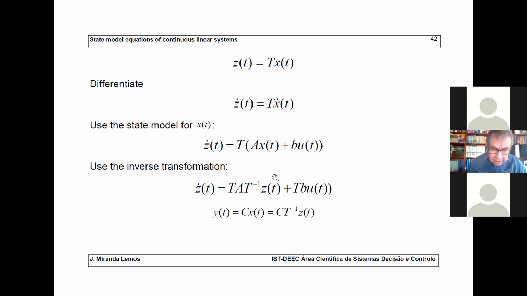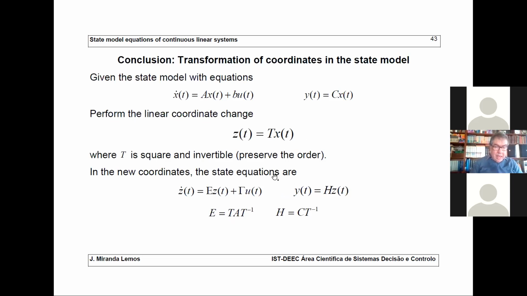Okay, so let's put everything together. Given the state model with these equations, I do a state transformation, and in the transformed variables Z, the state model is this one, and read this as capital gamma.